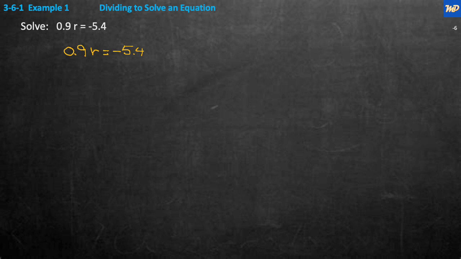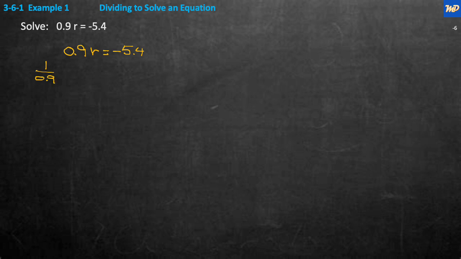And how do we get the r by itself? We multiply. Once all the constants are moved to the opposite side, away from the variable, you take the variable itself and multiply it by the reciprocal of its coefficient. The coefficient of r is 0.9. The reciprocal of 0.9 is 1 over 0.9.